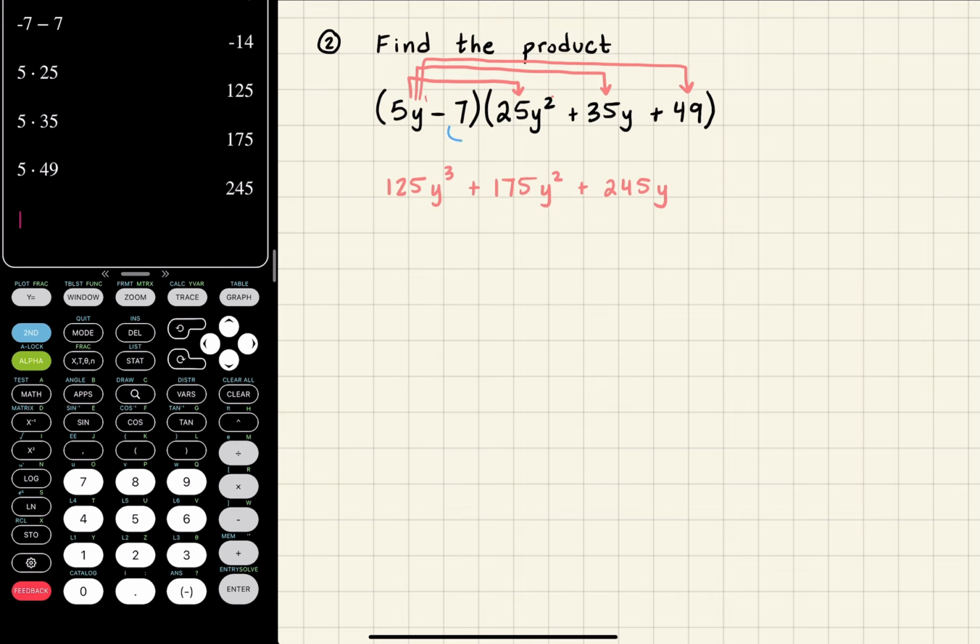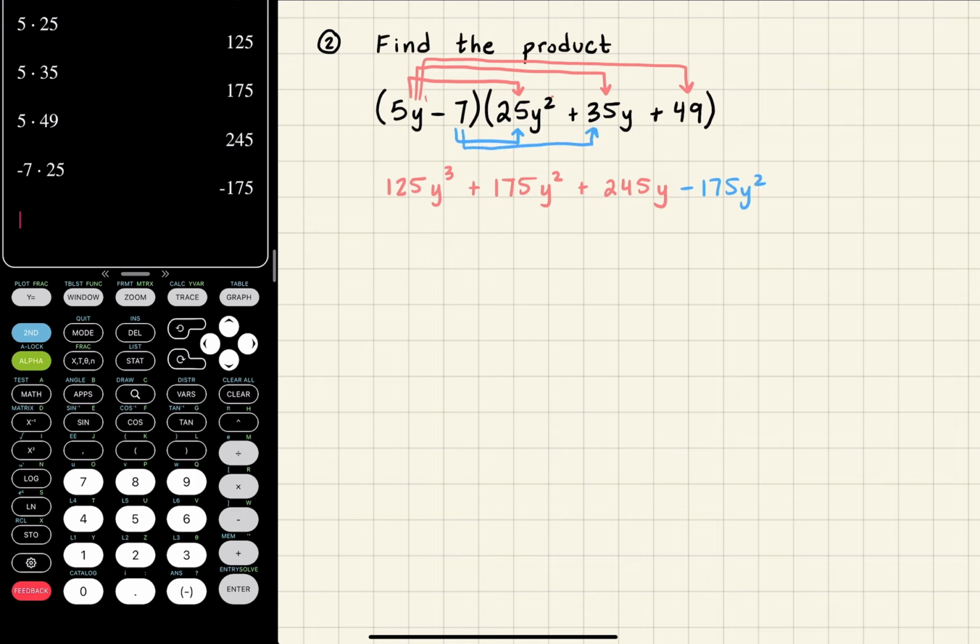Now we can go with the negative 7. The negative 7 is going to go and multiply by the 25. That's a negative 175 y squared.